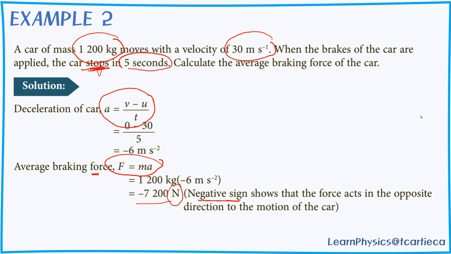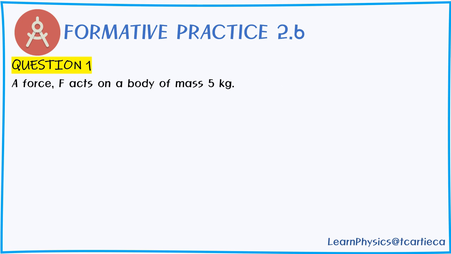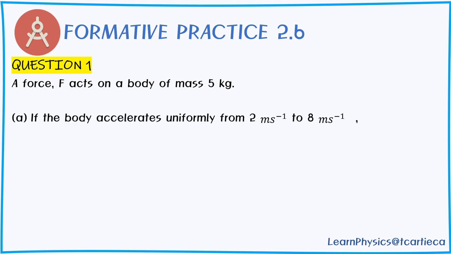Alright? Okay. So, as usual, to enhance your understanding, please do formative practice 2.6. Question 1. A force acts on a body of mass 5 kg. So, if the body accelerates uniformly from 2 meter per second to 8 meter per second, determine the value of F. Right?